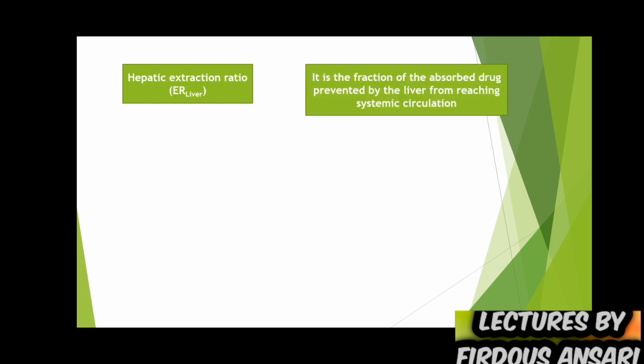So we have got the hepatic extraction ratio, ER liver. Hepatic extraction ratio is the fraction of the absorbed drug prevented by the liver from reaching the systemic circulation. So whatever amount of drug is getting extracted out by the liver is known as the hepatic extraction ratio.